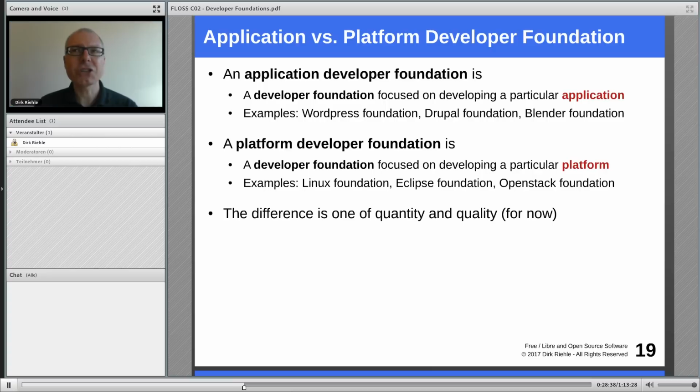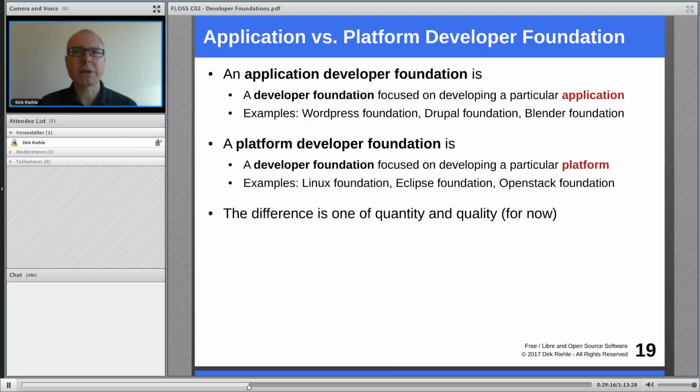So there's the Application Developer Foundation and the Platform Developer Foundation. In the case of an application developer foundation, the focus is on developing jointly, managing jointly the development of a particular open source application, for which then the involved companies typically provide add-ons, provide services, sell consulting. And examples would be WordPress Foundation, Drupal Foundation, Blender Foundation, as well-known established open source projects.